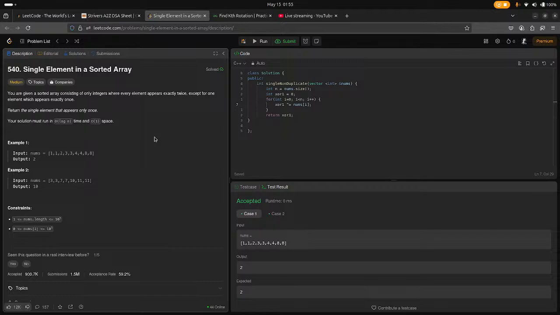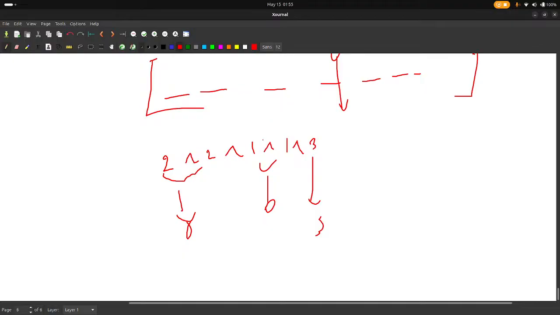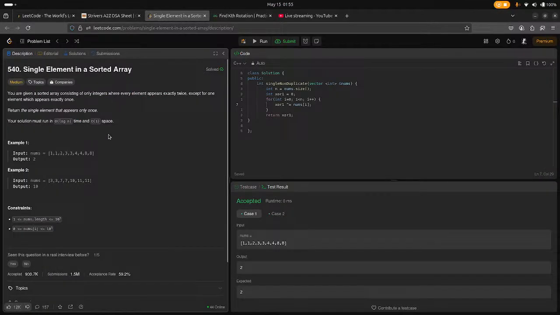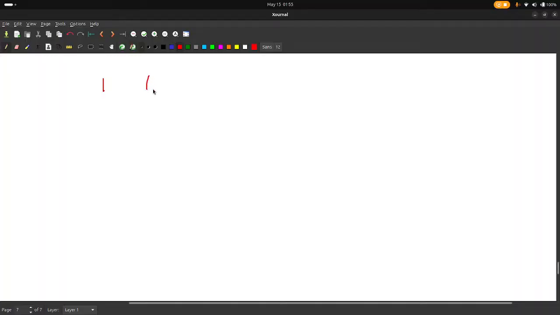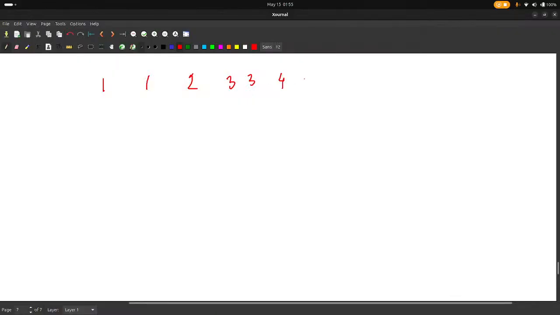So I should use binary search. Why? Because I need a single element in sorted data. There are so many signs of doing binary search. Take 1 1 2 3 3 4 4 8 8.